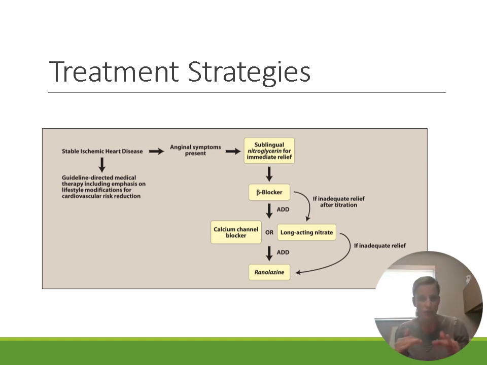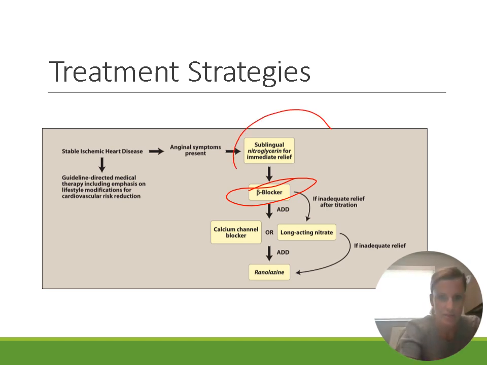The beta blocker, which is what we would normally start with, is what we typically start with for chronic therapy, right? So this is the chronic drug. It's taken daily to decrease the number and intensity of attacks, right?